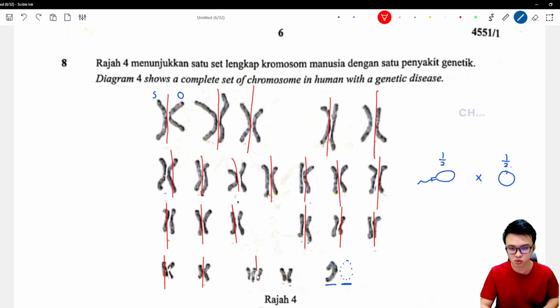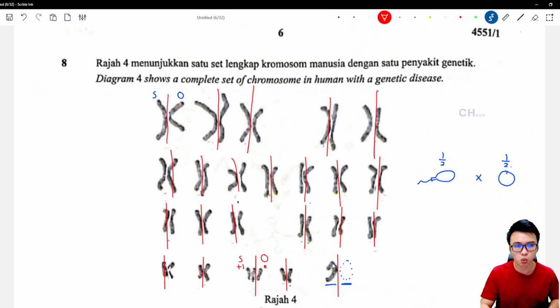So the sperm I give 2, and this one is for the sperm. It has an extra chromosome. Here will be the ovum. The ovum will have 1 chromosome, which is normal, so I put 0 for normal. The sperm has an extra 1 chromosome. Now you can see this one is normal, but this one is abnormal already.